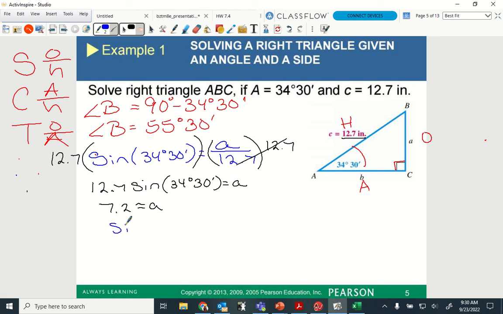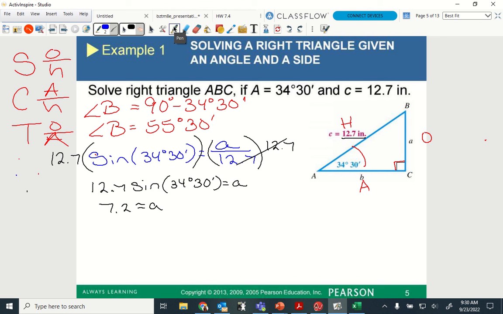So it's going to be sine of 34 degrees 30 minutes is equal to, it's not sine, is it? It's supposed to be cosine. Why is this one cosine and not sine? Because sine is opposite over hypotenuse. This one is adjacent, very good.